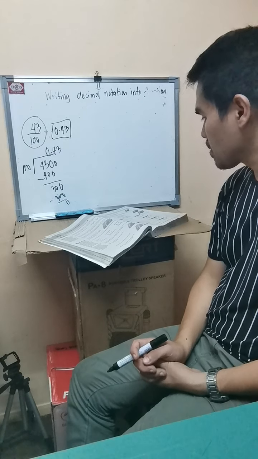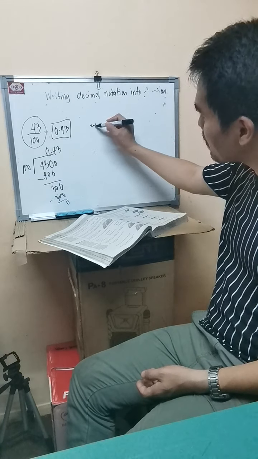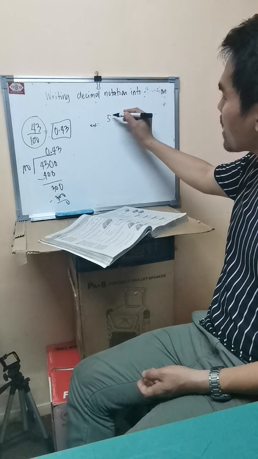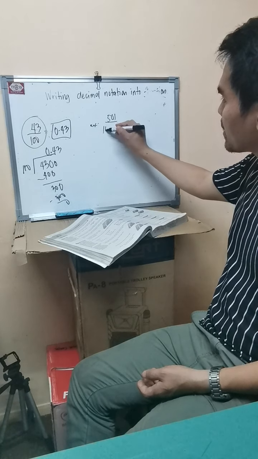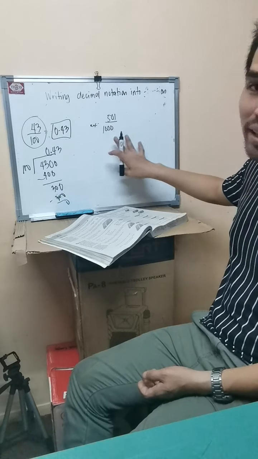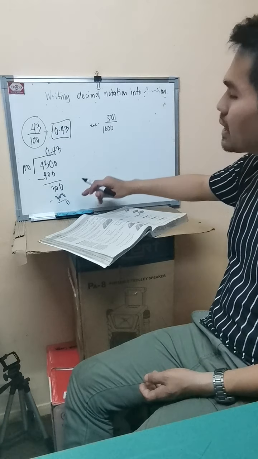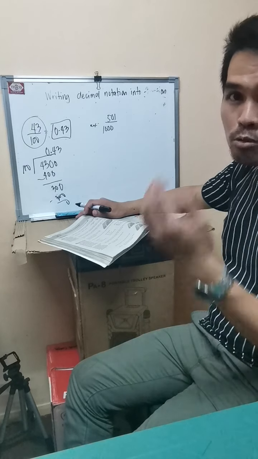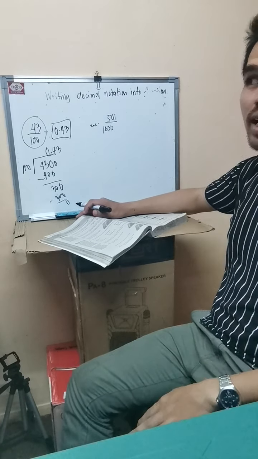Okay? So, this example, what about if you have 501 over 1,000? Of course, over 1,000 because there are 3 place values in the numerator, so that's equivalent to 3 zeros in the denominator.